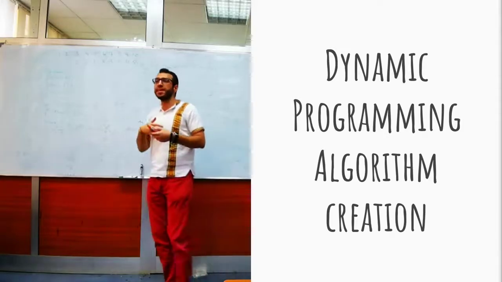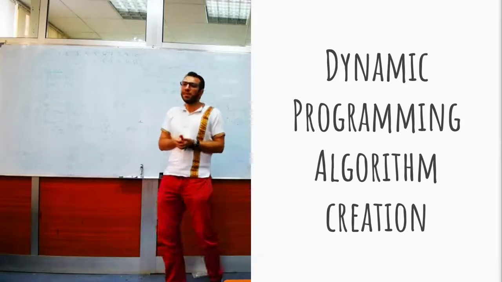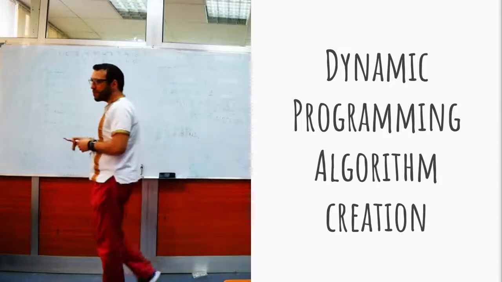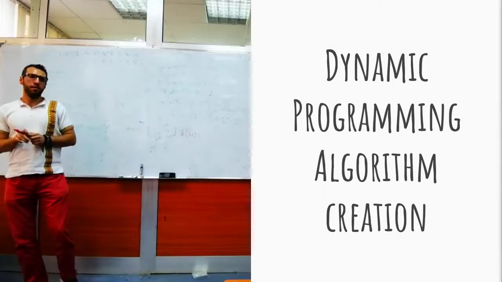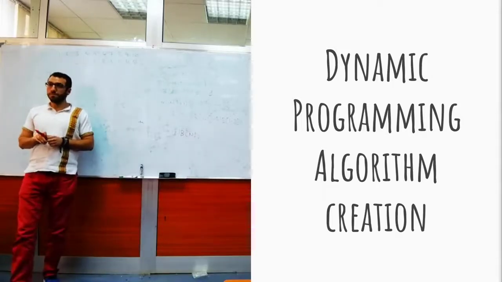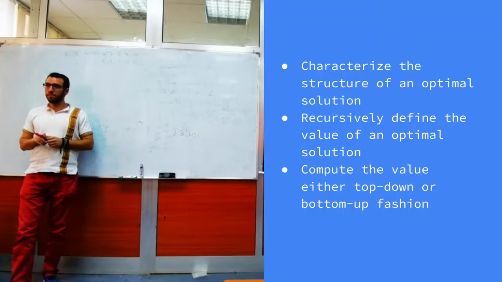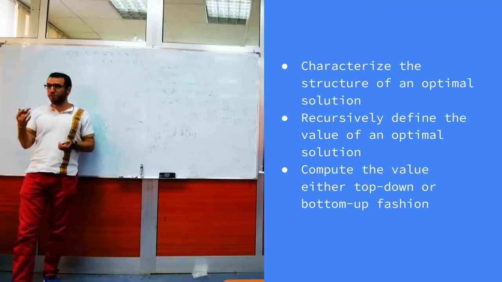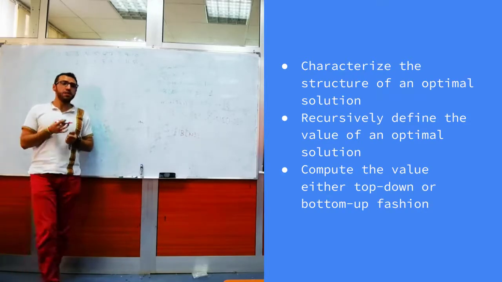If we want to think about another easy problem, we can think of the factorial problem. How is factorial n defined? N times factorial n minus 1, right? If we think of the recurrence relation, the definition is going to be like this.